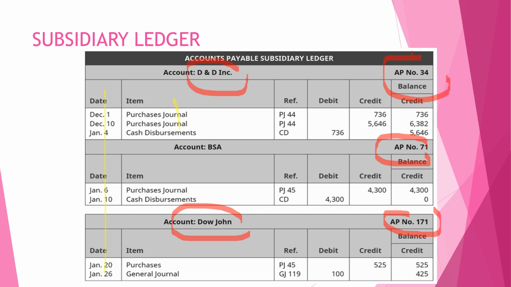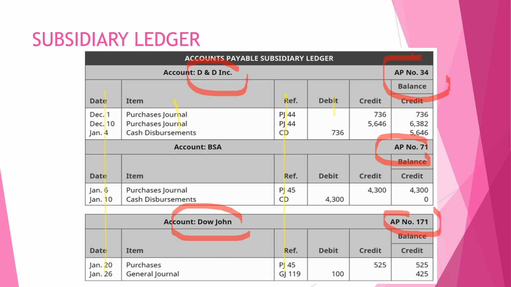The reference identifies the page number of the general journal or special journal from which the information was taken. So this one is PJ44, taken from purchase journal 44. This is from the cash disbursement journal.